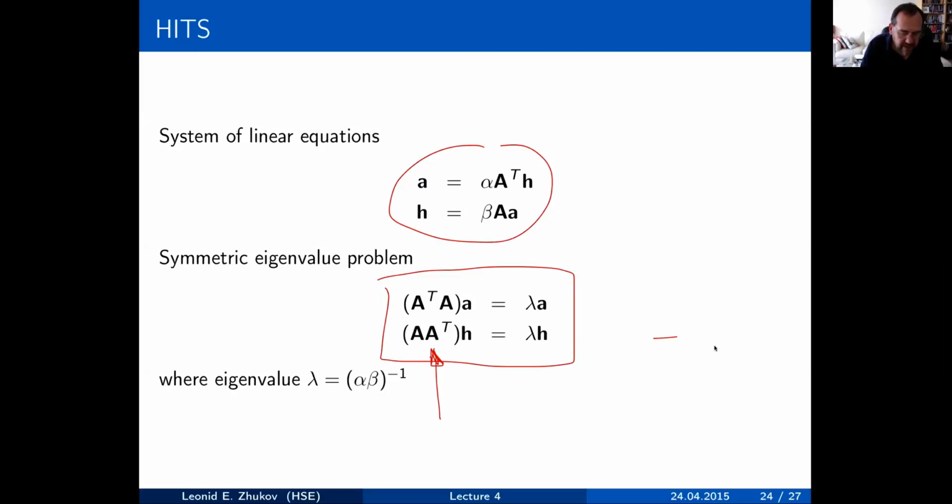And that allows us to calculate two vectors, A and H. Which means every node will have two values corresponding to it: the authoritativeness of that node, which means it's a good original research, and hubness, which means it's a good review.